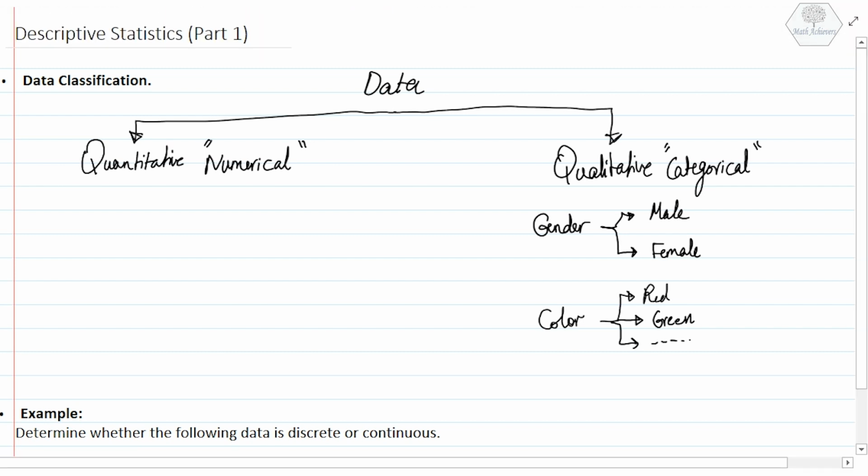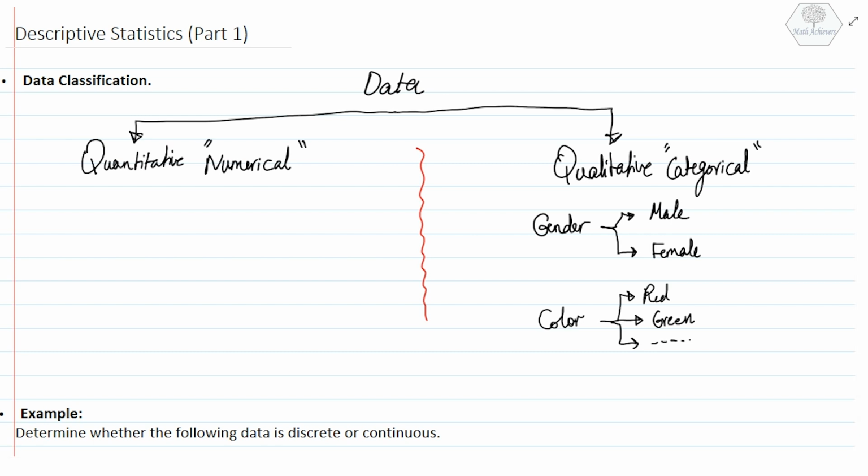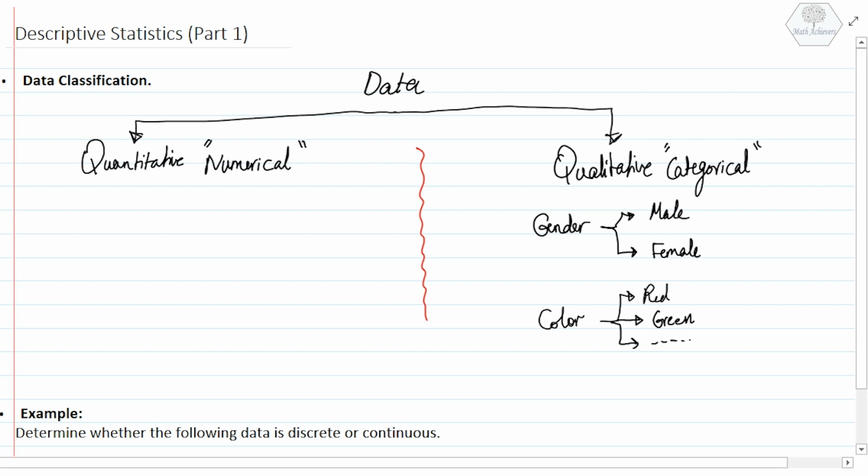Now let's go to the numerical measures. The numerical data can be classified into two main types. The first type is discrete data, and the second type is continuous data.